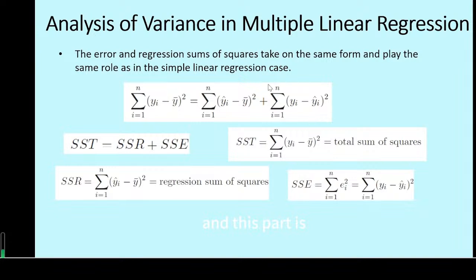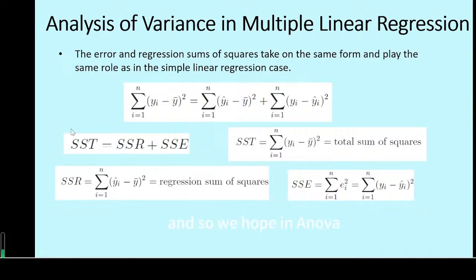And this part is the error sum of squares, called SSE, which is the sum of the squares of the differences between the observed y values and the fitted y values. So this part is the error term, which the model cannot explain. If SSE is very large compared to SSR, it means the model has very little power to capture the variation of y.